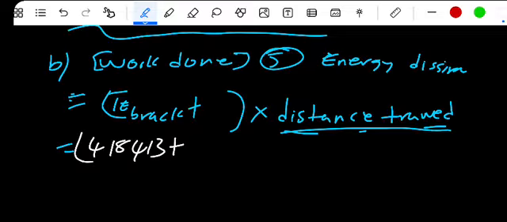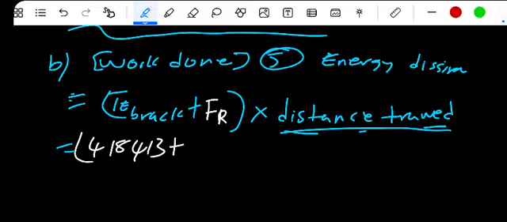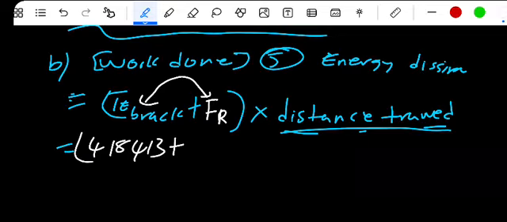It's good that I checked that structure, where it must be plus. The brake plus the rolling resistance is trying to stop the car. The rolling resistance is always there, trying to brake. It will also cause heat dissipated, acting in the opposite direction.